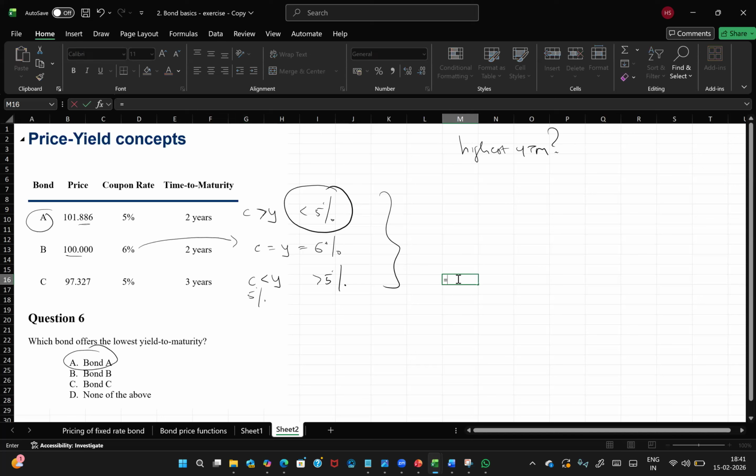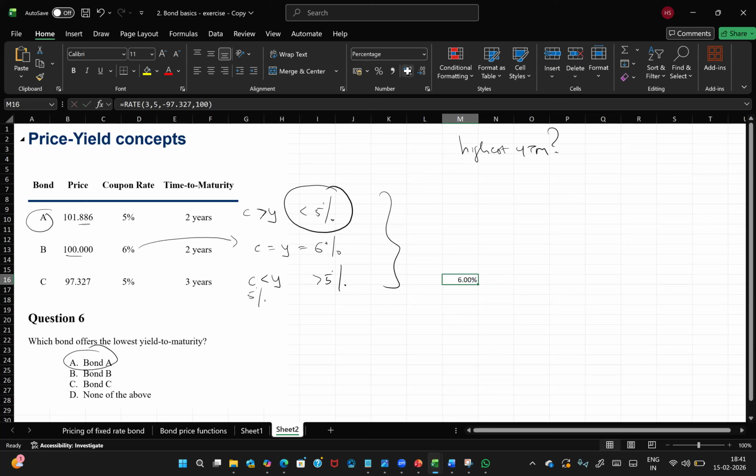So rate, number of periods for the third bond is what? 3. PMT is 5, coupon. PV is what? Minus 97.327. Future value is 100. Type, it's assuming end of period.